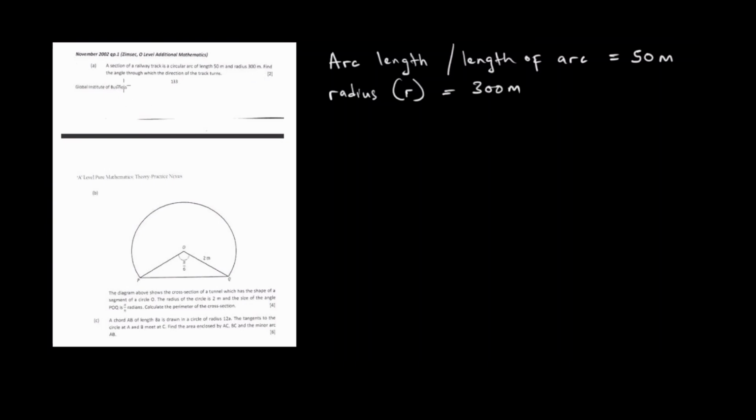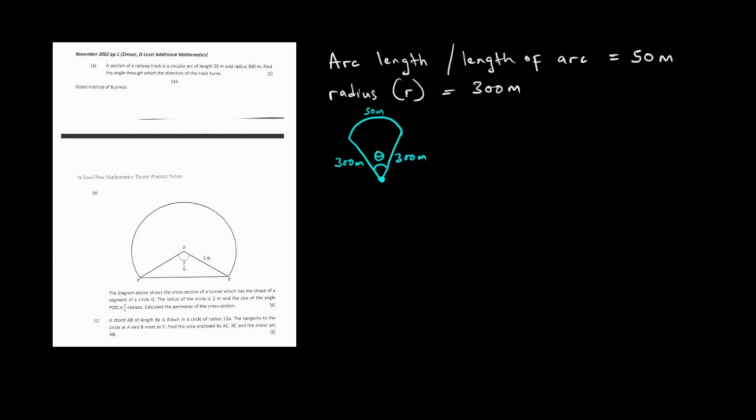Find the angle through which the direction of the track turns. So to get this angle, what is being said here is this: we have two radii making this arc. We were told the arc is 50 meters and the radius is 300 meters. So we are looking for this angle theta.